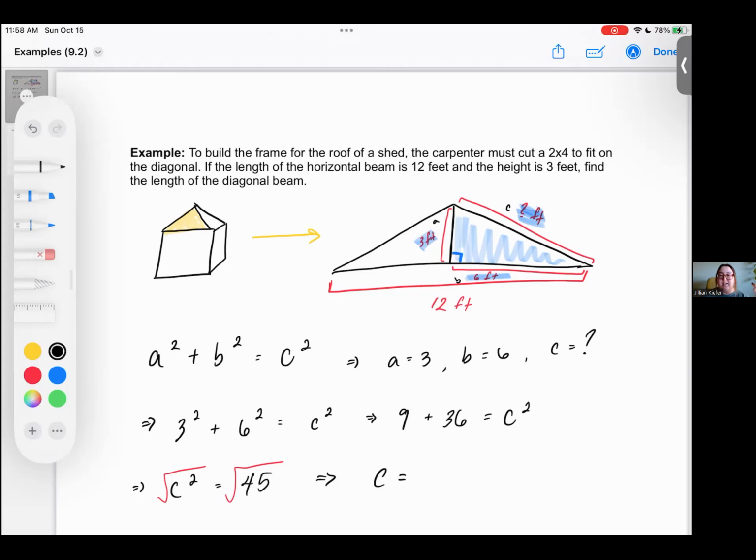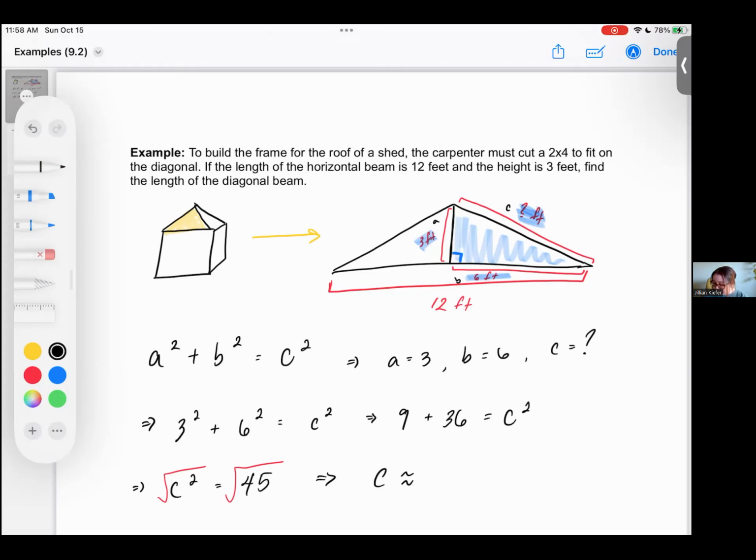That doesn't really give us a whole lot of information. Remember, we want this in feet. So if we're measuring this, we want this in decimals preferably. So we can go ahead in our calculator and type out the square root of 45. Let's round to 1 decimal place.